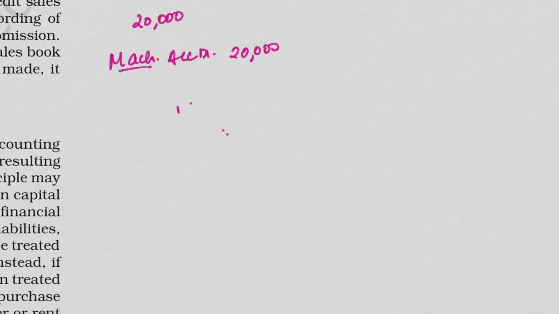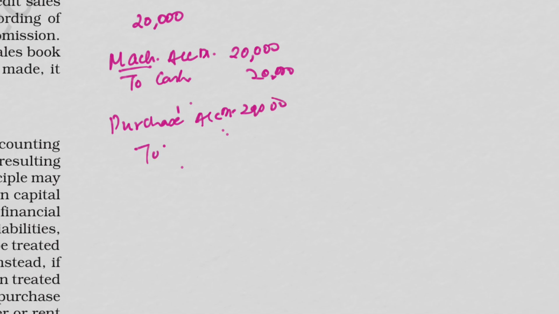But if the accountant instead records purchases account debit 20,000 to cash 20,000, then machinery is treated as a purchase expense instead of an asset. This is violating the accounting principle, therefore it is called error of principle.